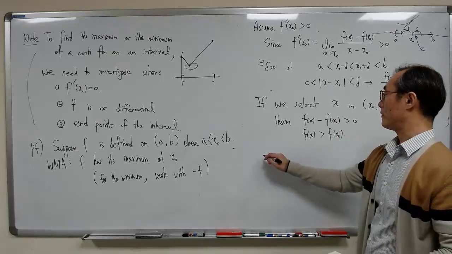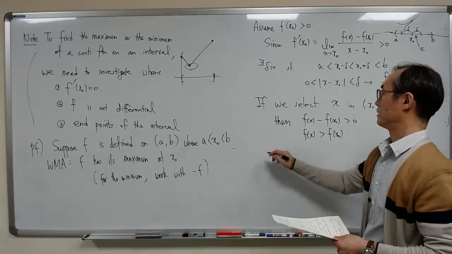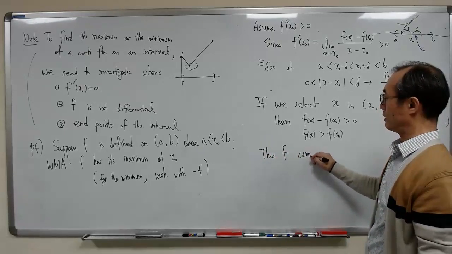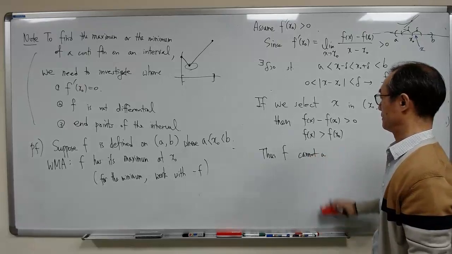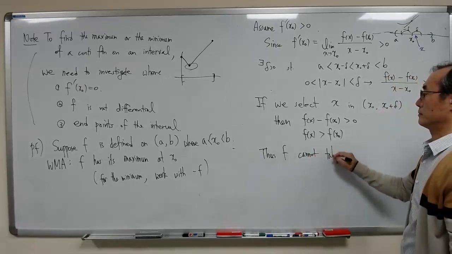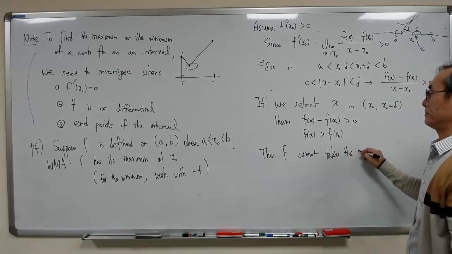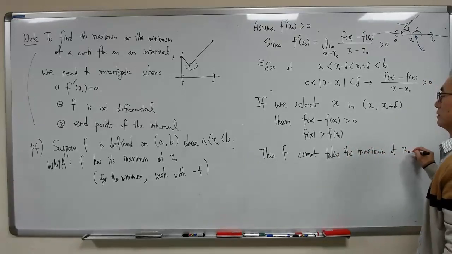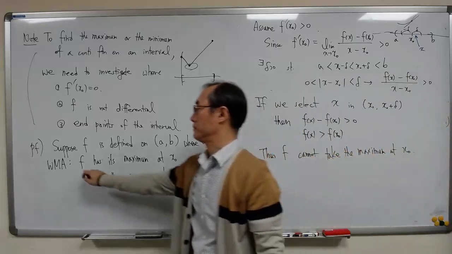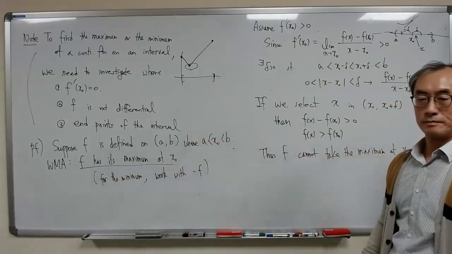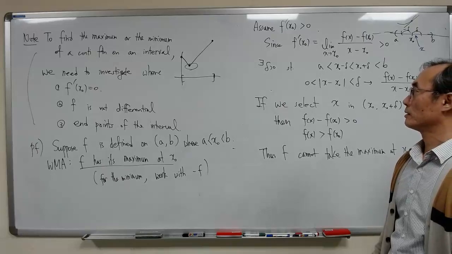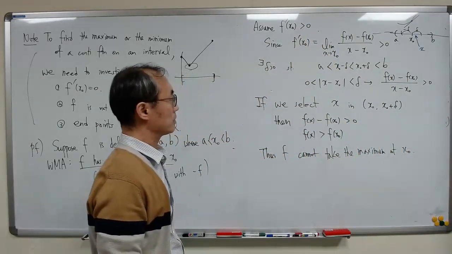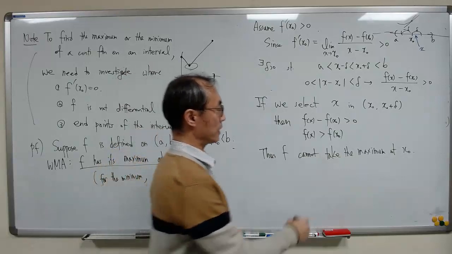That means the function f cannot take the maximum. Here, that's our assumption. So if the derivative is positive, the function f cannot take the maximum.